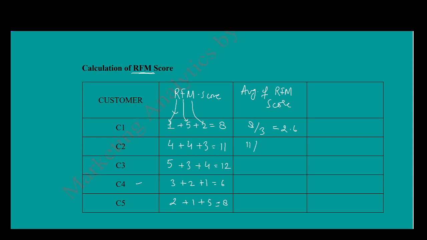Similarly 11 by 3, this will be 3.6. 12 by 3, this will be 4, and then 6 by 3, this will be 2, and 8 by 3, this will be 2.6.